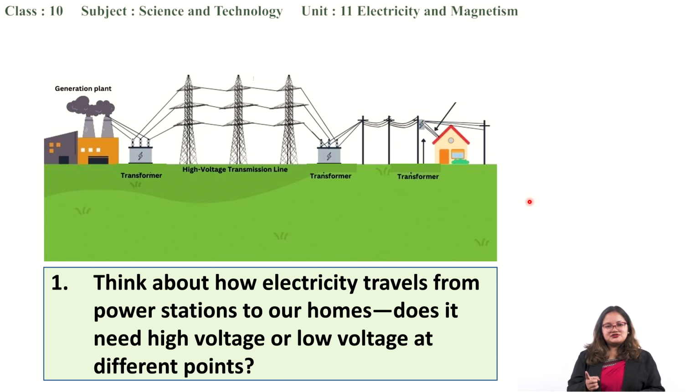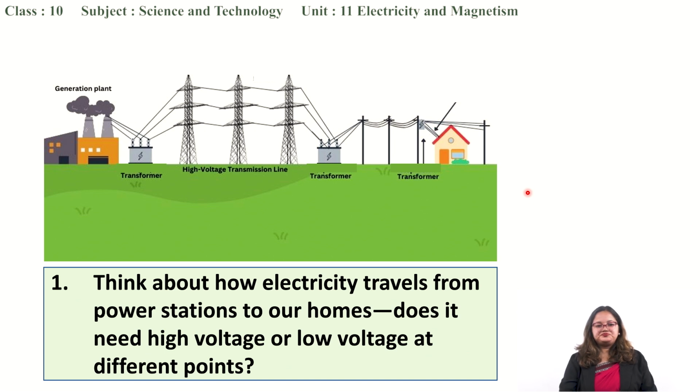So that armature is helping to create kinetic energy inside the generator, which further generates alternating current. Now, after the alternating current is generated, it has to be distributed to us, right? So how does this generated electricity reach our home?